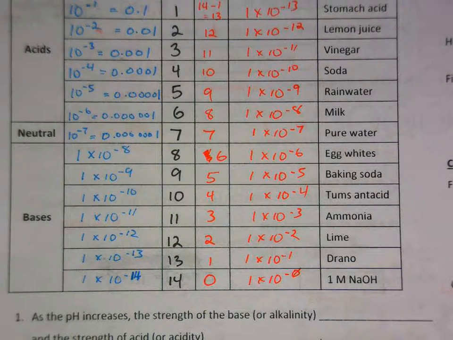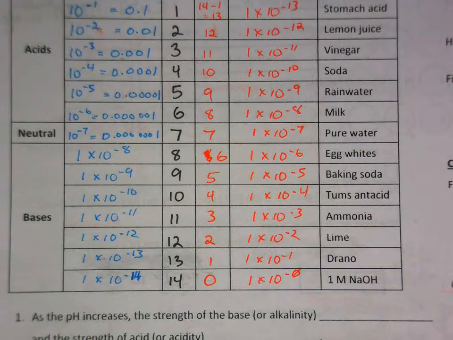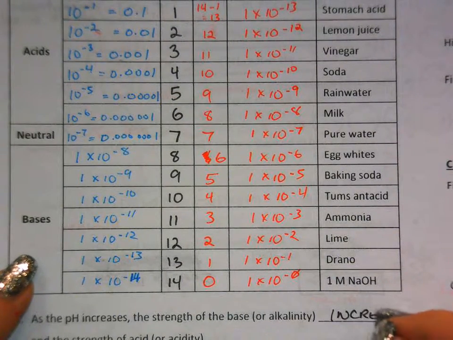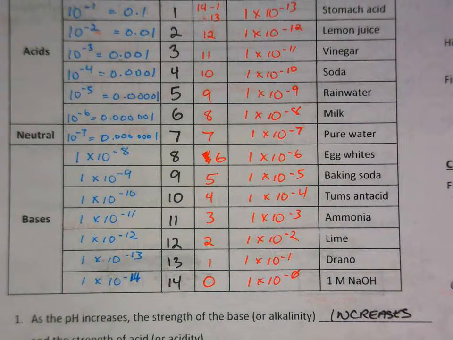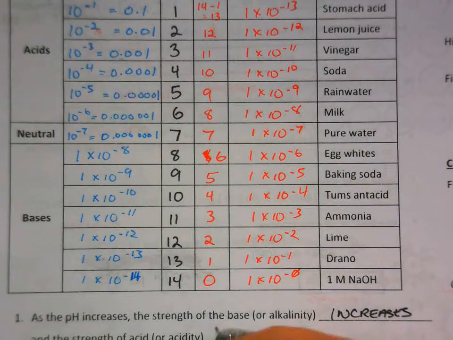Alright, let's try some questions. Let's see. As pH increases, as pH gets larger and larger, we get more and more basic, the strength of the base increases. Conversely, the strength of the acid, as we go up, decreases.